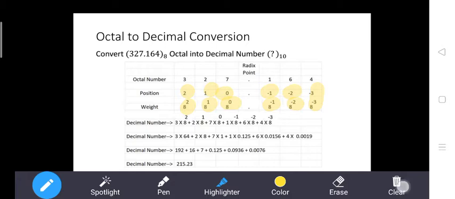Okay. So to convert into a decimal number, we have to multiply each octal digit by its weight and add all these terms.